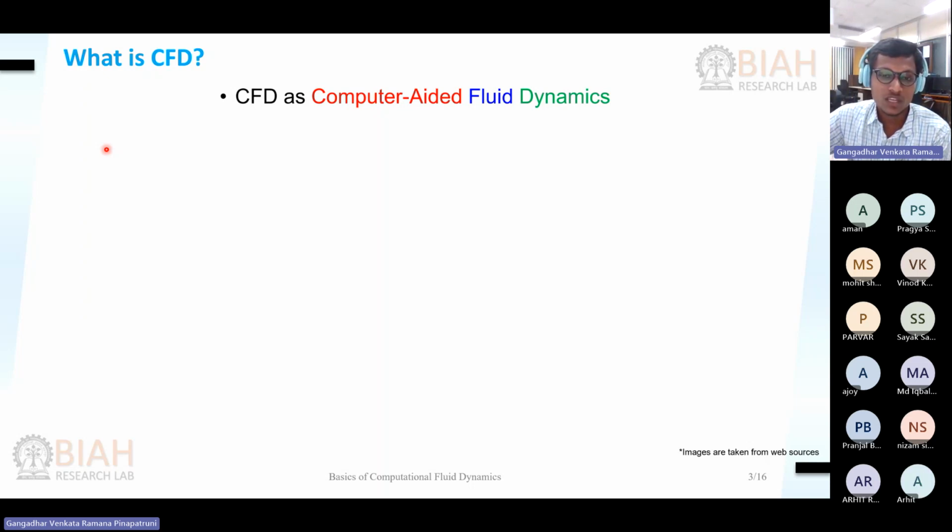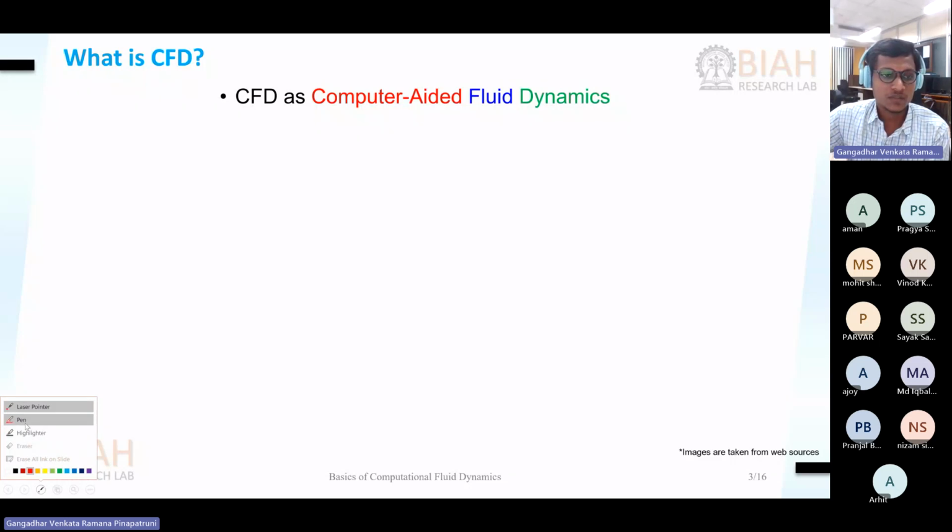One more way CFD is treated in real life is as colorful fluid dynamics. I will let you know the details of what CFD is and how each letter, C, A, F, D, is defined in real physics and other aspects.